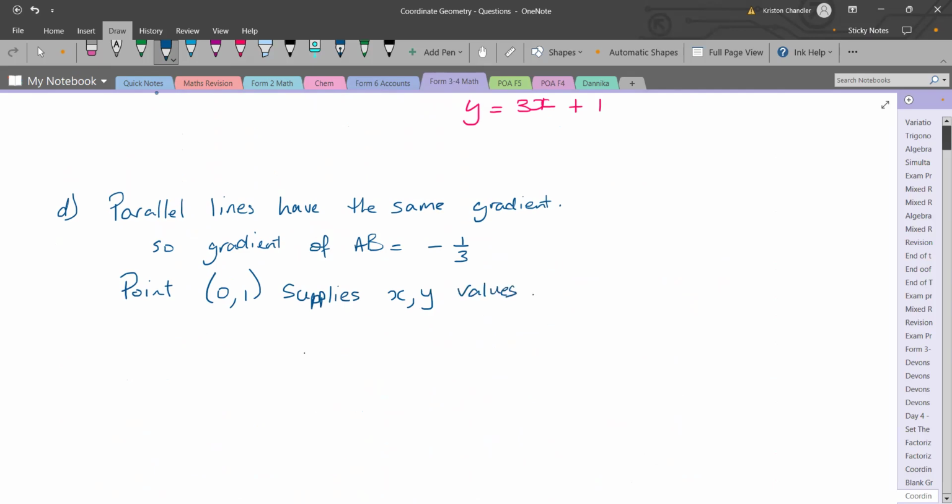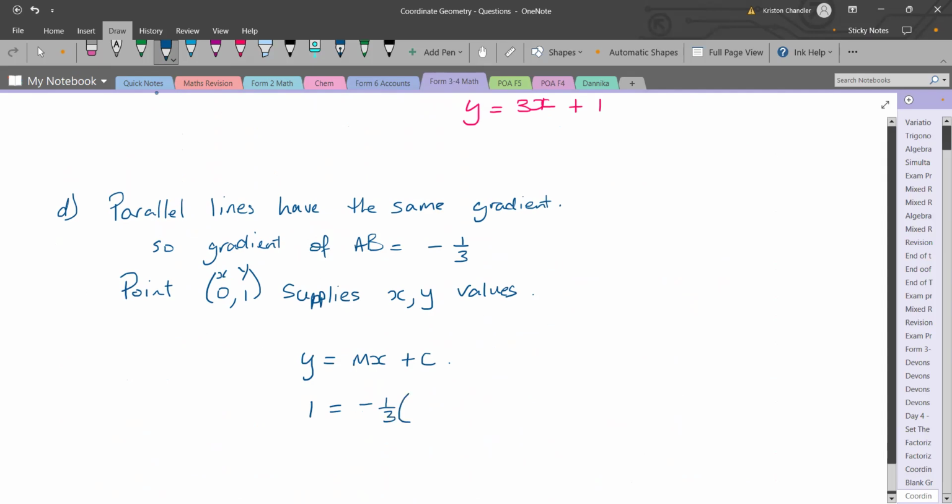Right, so we put the formula, y is equal to mx plus c. This is my y, this is my x. So y is 1, gradient is negative a third, x is 0, which is in our favor because anything multiplied by 0 is going to give us 0. So the constant is 1.